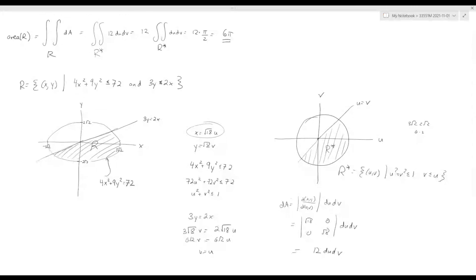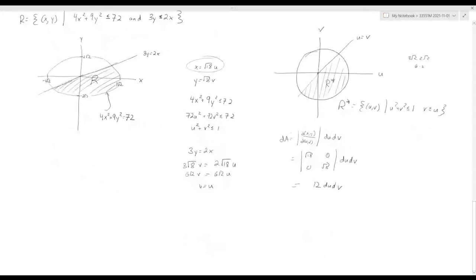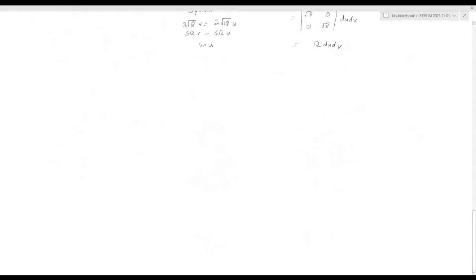It's not a bad example. So let's do one that has to do with the gamma function, the beta function. So this is not an obvious one.